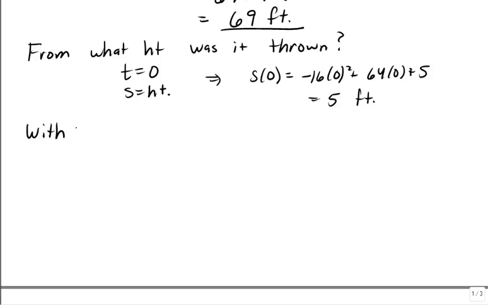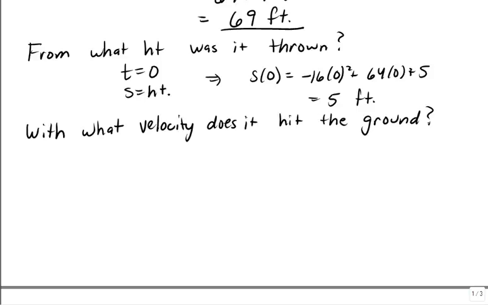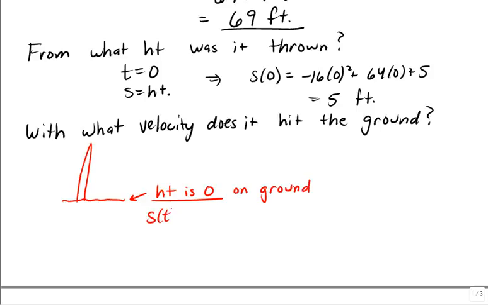With what velocity does it hit the ground? Well, you have to find out when it hits the ground. And again, you're throwing it up in the air and you're coming back down. So on the ground, your height is 0. So s of t equals 0.